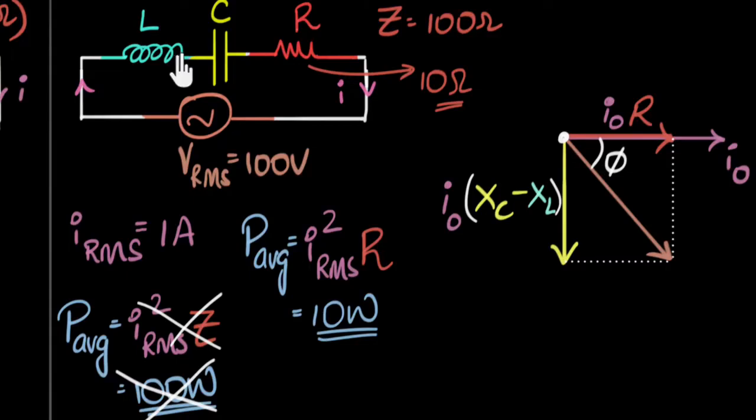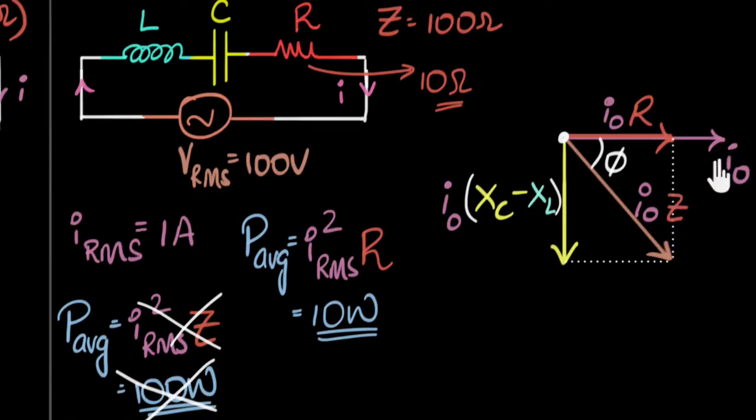The voltages across the inductors and capacitors are 90 degrees out of phase, and if we are assuming that the capacitor reactance is larger, then the voltage becomes 90 degrees behind the inductor. And then if we add all the voltages together, we get the total voltage, and we can represent it to be I0 times Z.